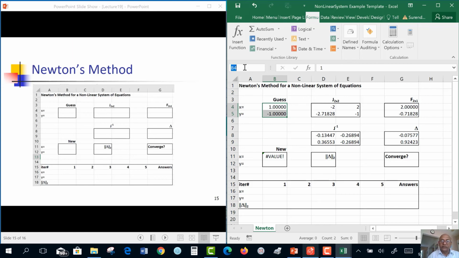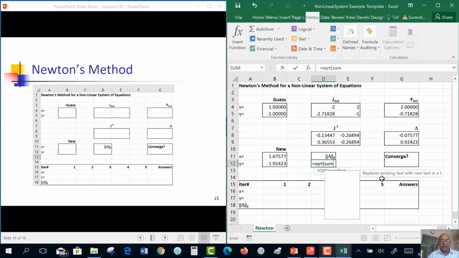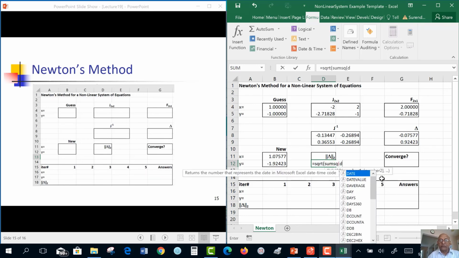Should be easier to write. So we'll say this is equal to old minus delta. Control Shift Enter. Great. Now we are going to calculate the Euclidean norm of this. So we are going to say equal to SQRT of sum square of delta.